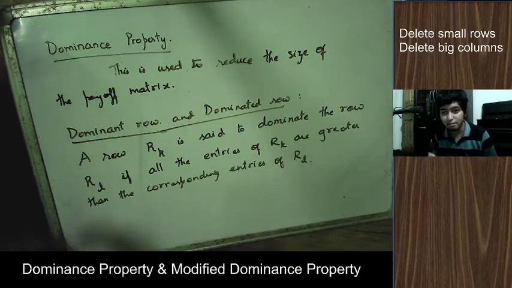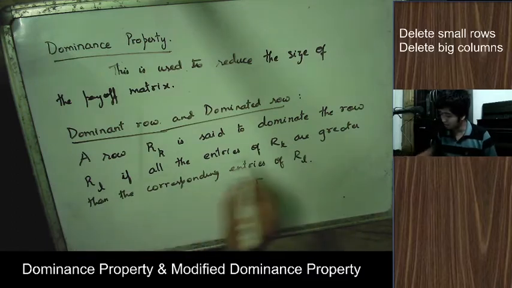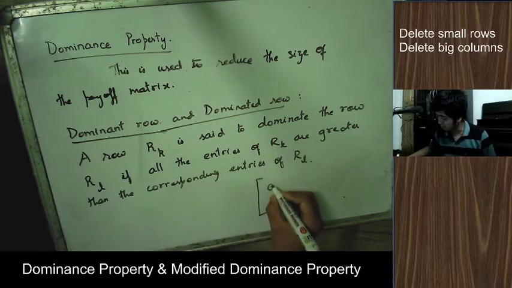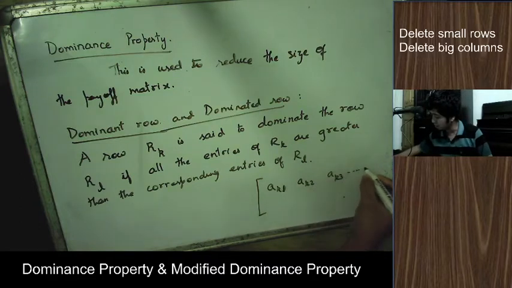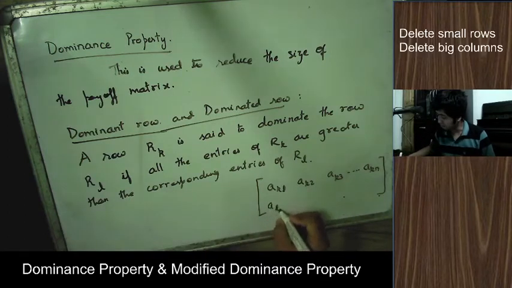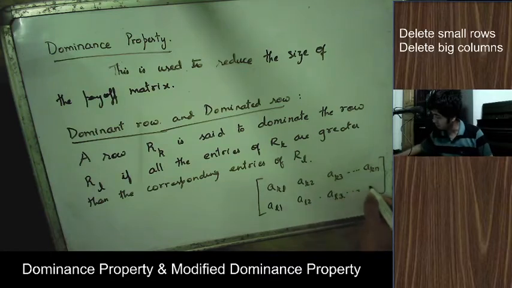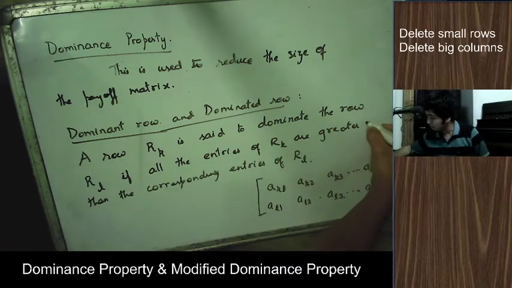If you are writing down the rows, it will be something like this. Since we are interested in the k-th row and the l-th row, the k-th row will look like ak1, ak2, ak3, and so on up to akn, and the l-th row will look like al1, al2, al3 up to aln. Over here we will have greater or equal.